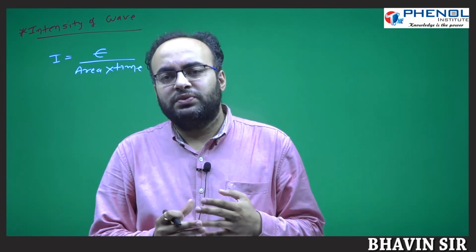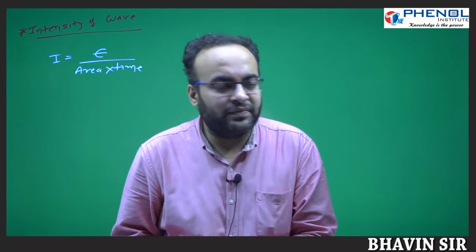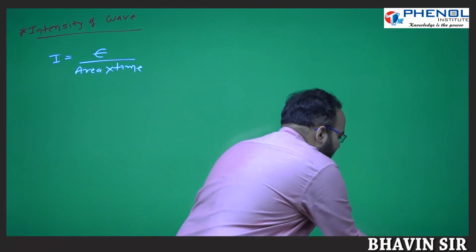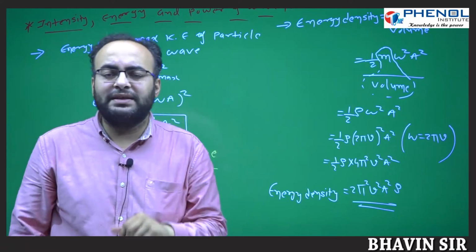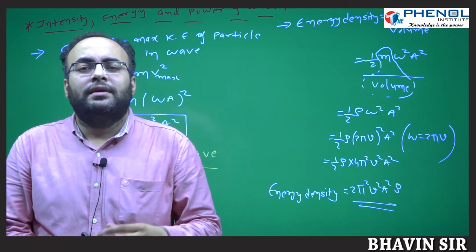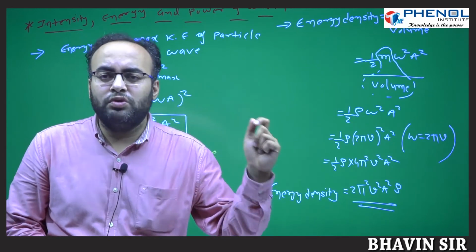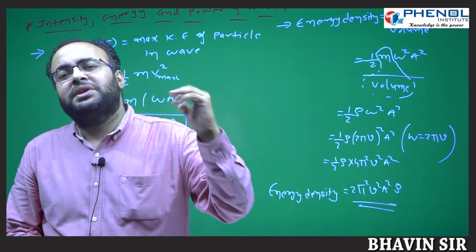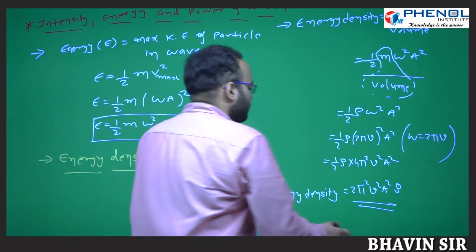So first we want to obtain a relation between intensity and energy density. Why? Because we already found the formula of energy density, that is 2 pi square nu square a square rho. So first we want to obtain the relation between intensity and energy density, then it will be very easy.